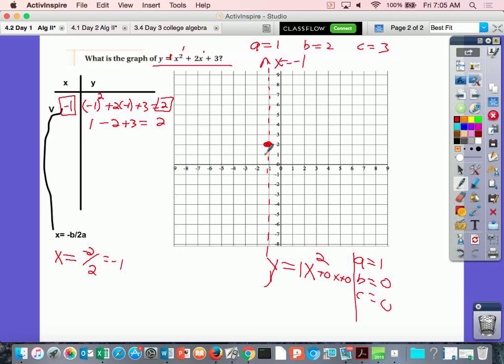Okay, one question. Is this function opening upwards or downward? Since a is 1, we know that it is opening upwards. Okay? So since we plugged in negative 1, I'm going to plug in 0 and positive 1. Now, in this case, 0 is really nice because you don't have to do a lot of arithmetic. You plug 0 in, and you get 3.